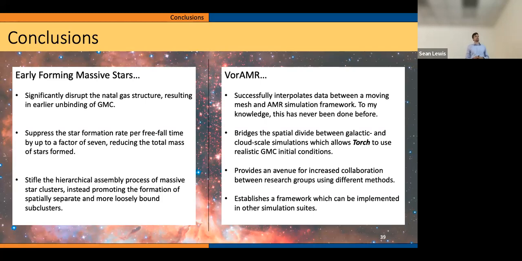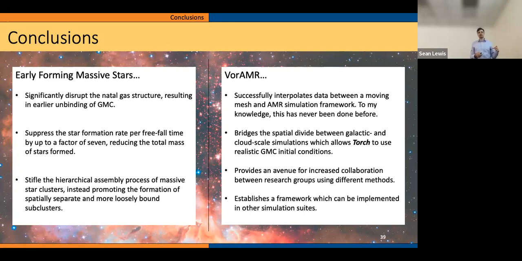We also talked about the numerical tool I developed for AMR, which successfully interpolates data between the moving mesh code Arepo and the adaptive mesh refinement grid code Torch. What this tool represents is that it bridges the spatial divide I was describing between modeling a galactic simulation where clouds can form under realistic conditions, and the smaller scale simulations that we have run, essentially eliminating the need to use more idealized initial conditions like spherical clouds or colliding cylinders of gas.